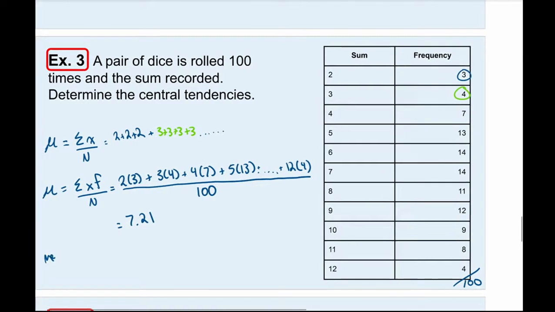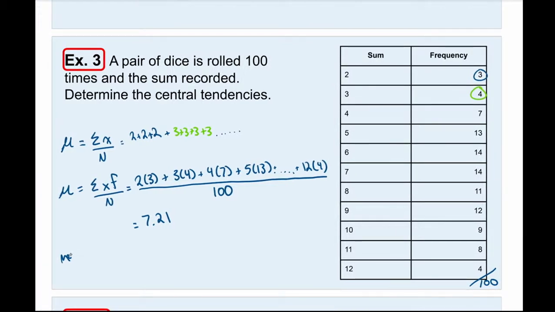To find the median, again, I could go through and list all of these values. However, I know that based on the fact that there's 100 data points, the middle one would have to be at 50 and 51.